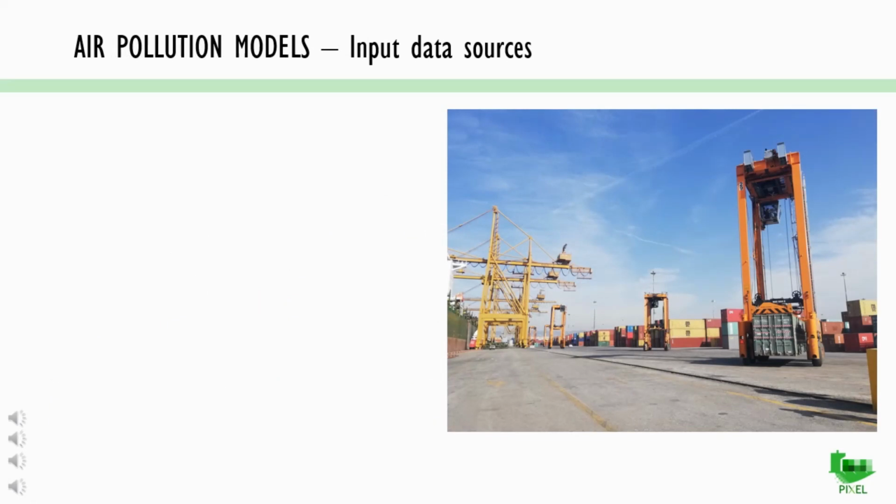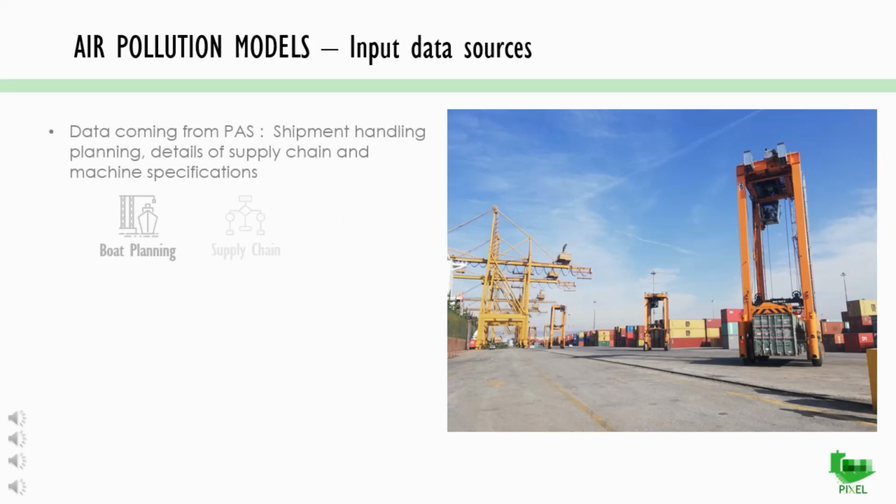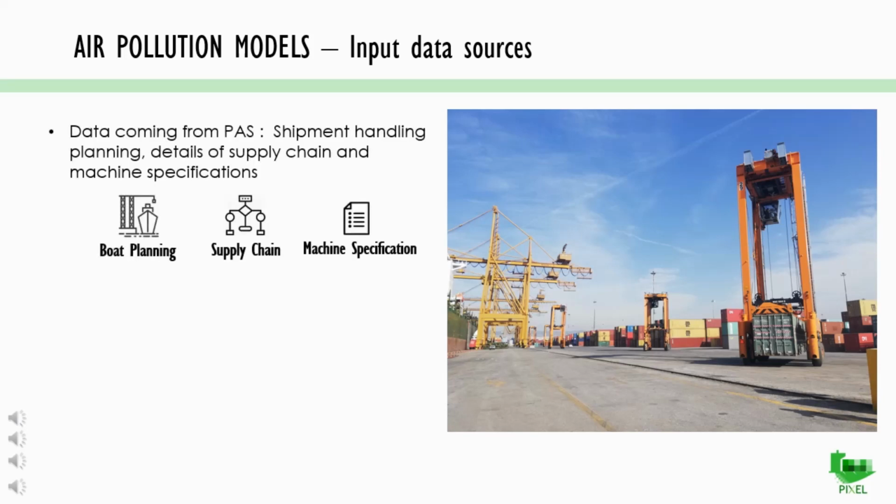The air pollution input data is distinguished in three categories depending on their source. The first one comes directly from the port activity scenario model. The machinery the port is using for cargo handling is very diversified. Useful information about this equipment, among others, are its fuel consumption, its power, and its operating limitations.